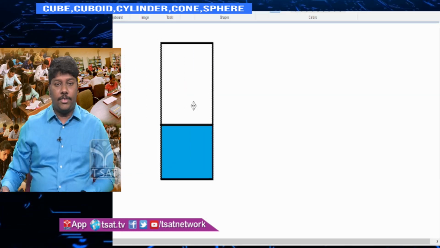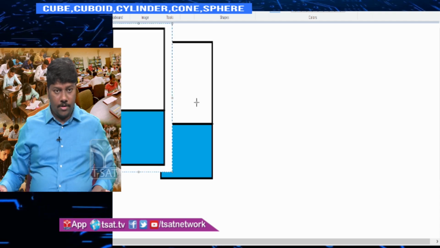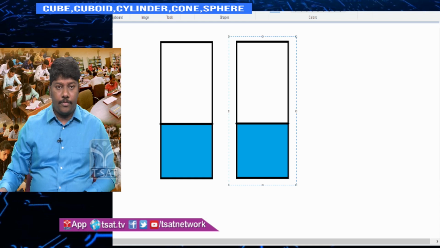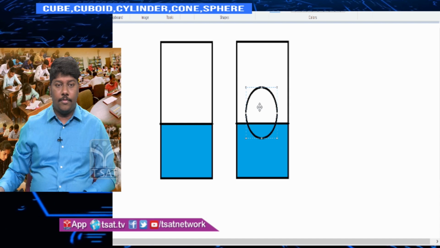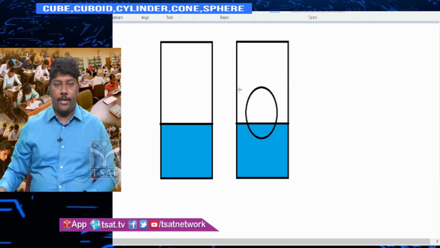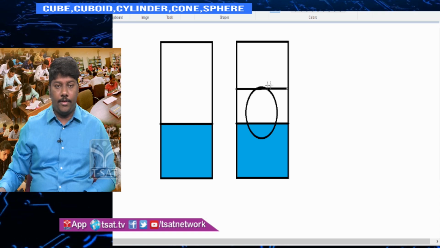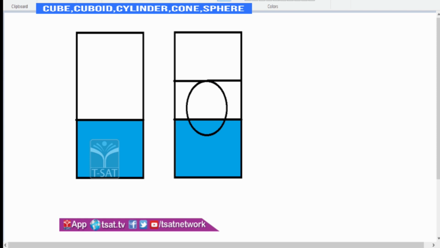So the cylinder contains certain water in it. I am taking the same cylinder and putting a sphere inside it. Automatically the water level will increase. The rise in the water level is also in the shape of a cylinder only.